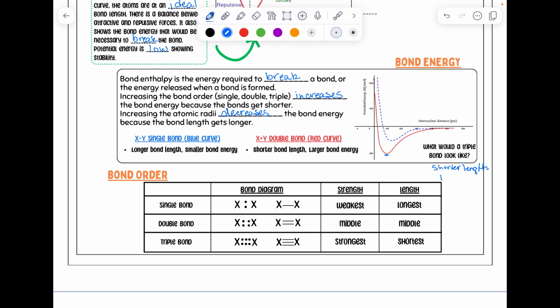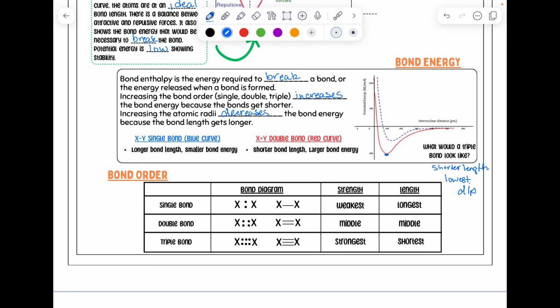So highest energy or lowest dip. I'm just going to put lowest dip there. Okay. So the most negative potential energy, meaning the most stable. But it would take more energy to break that bond.